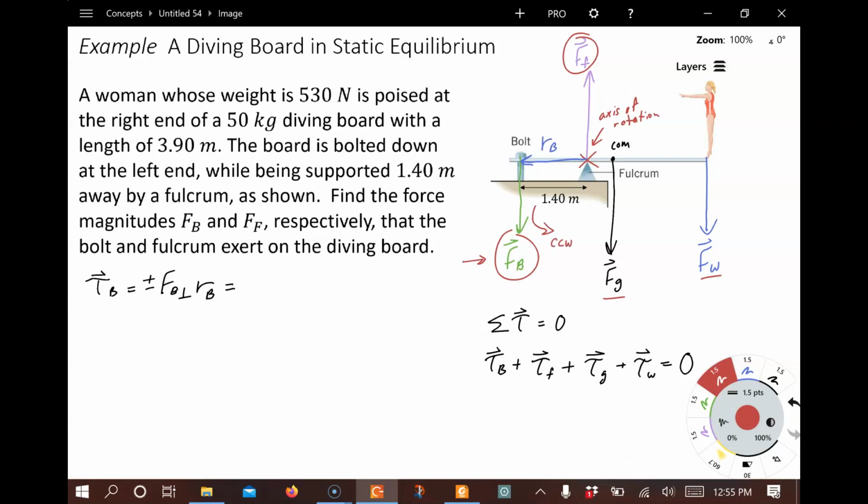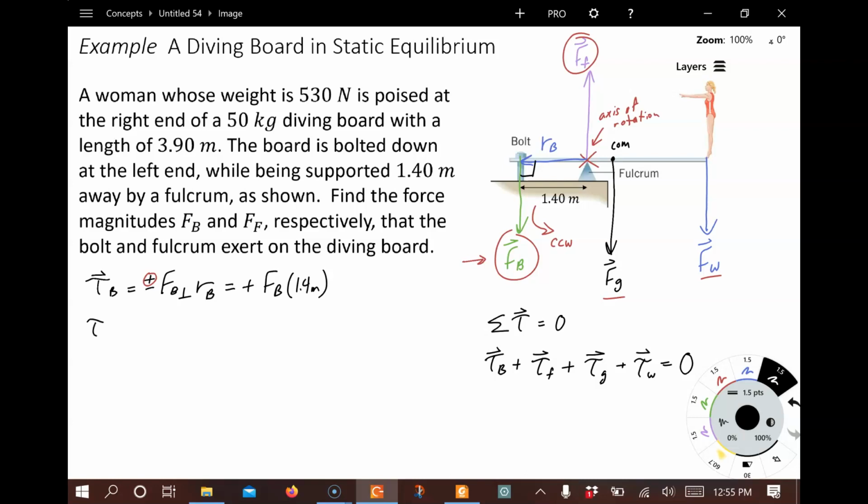Therefore, it's going to be positive, and so we can write down a plus. I don't know what the magnitude of FB is, but notice that it's all perpendicular to the radius. So it's going to be the full magnitude FB, whatever that is, times the radius RB. And we know what that is: 1.4 meters. So that's what we have so far.